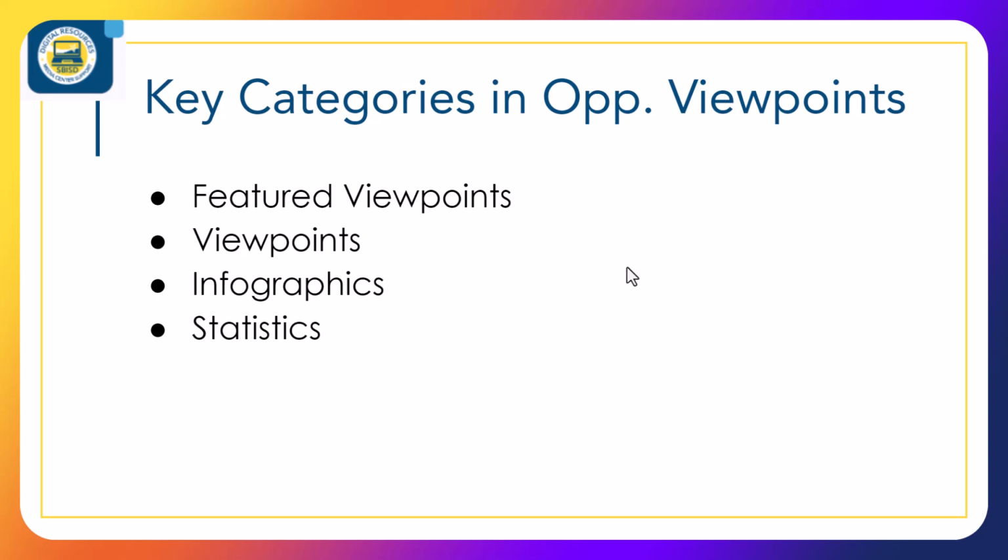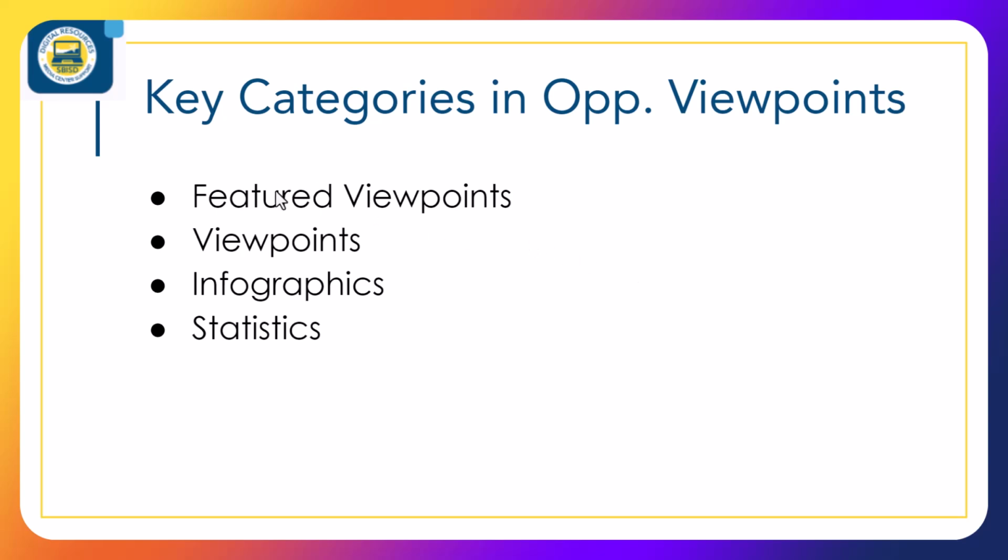What sets opposing viewpoints apart from the other databases is that instead of focusing on a particular topic, such as science or biography, opposing viewpoints has some key categories that allow you to do a deep dive on a contentious issue and analyze the different viewpoints and arguments on how we as a society should approach and solve that issue.